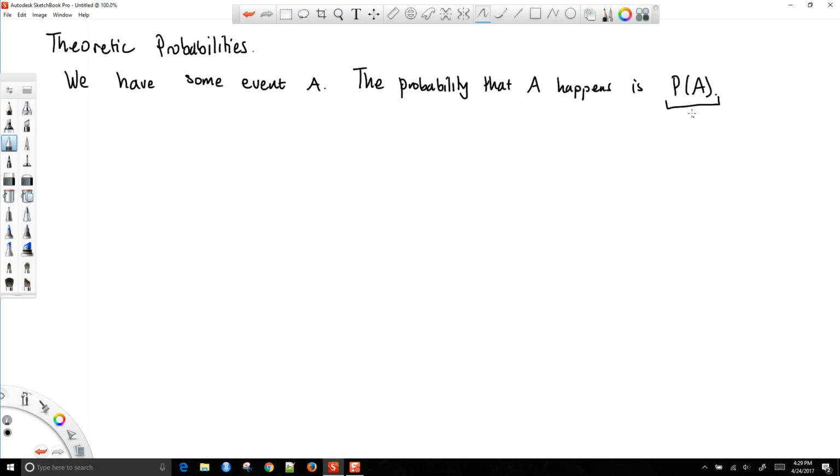This is a number. The probability of an event, that's a number. A is not a number. A is an event. It is not a number.